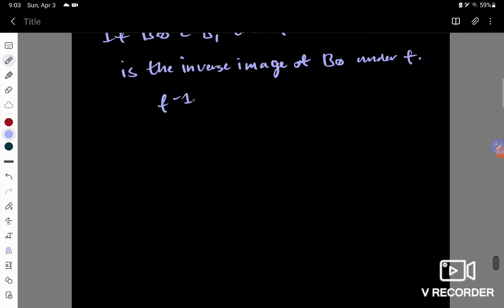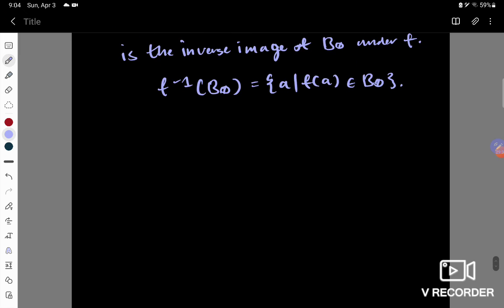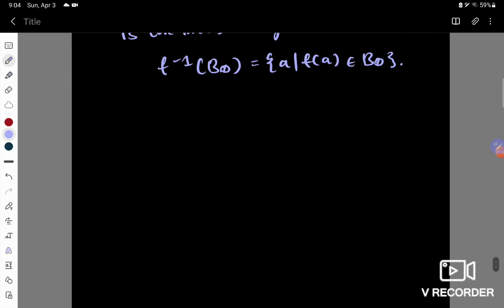And once again, doing this symbolically, f inverse of B naught is the set of all a in A such that f of a is contained in B naught. So that's this inverse image or pre-image set.